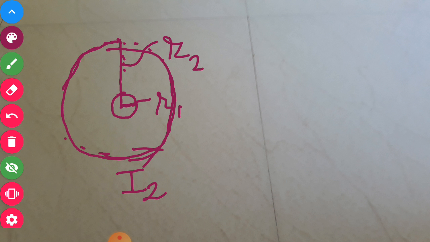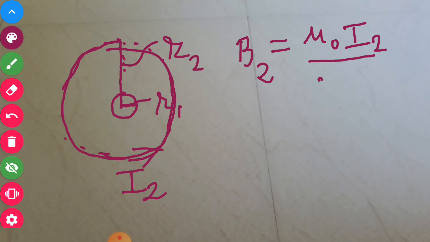So the magnetic field produced by this outer loop at the center is given by mu 0 into current I2, divided by 2 times the radius, that is B2 equals mu 0 I2 upon 2 r2. This is the magnetic field produced at the center by the outer loop.